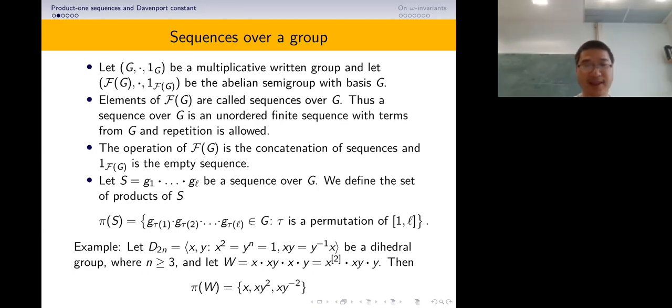Then pi(W) is a set with elements X, X Y to the power 2, X, Y to the power -2. Here, if we see this order, X, X, Y, X, Y, then the product is X. And if we see this order, X, X, X, Y, and Y, then the product is X Y to the power 2. We go through all the orders of the terms, and we get the set pi(W).